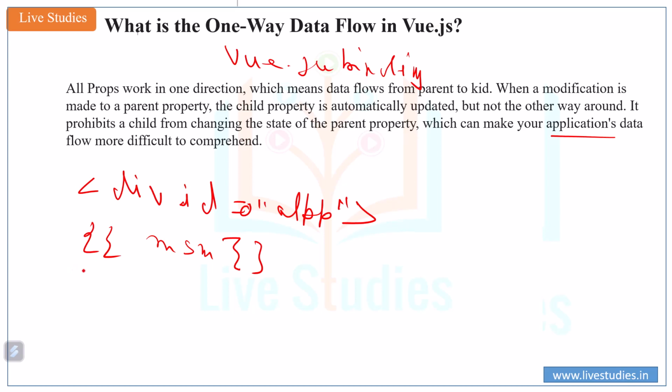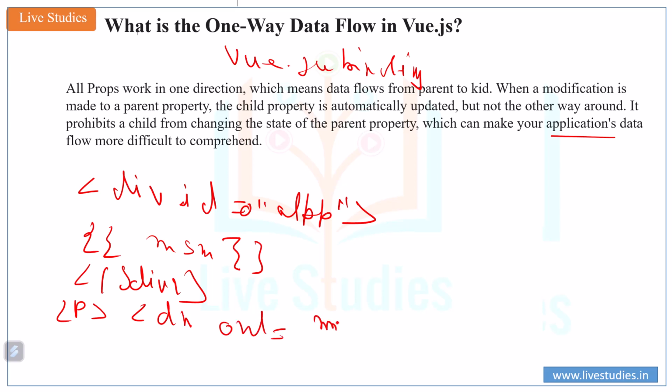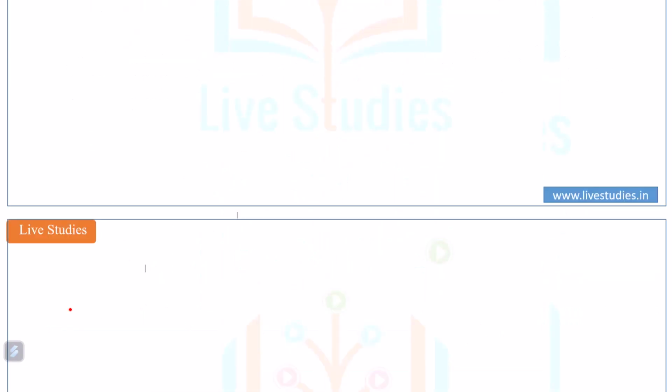Close the div. And in a paragraph create a button with onclick equal to myFunction, and the label click me. Close the button.